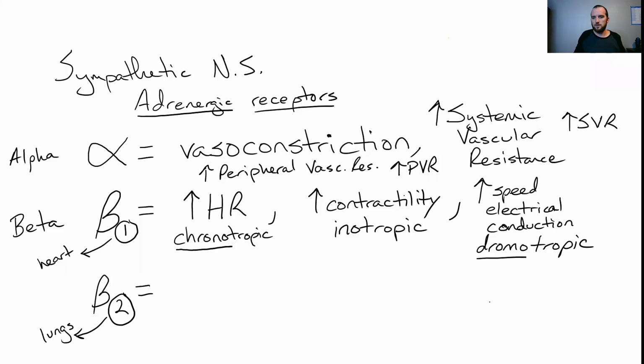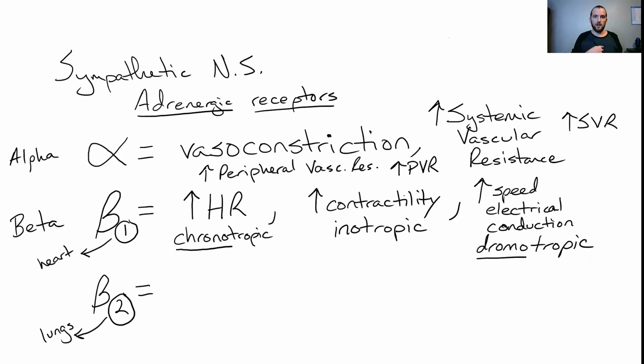Dromos, as a root word, is running. So it makes sense when we think about how fast that electricity is running through the heart. So chronotropic, inotropic, and dromotropic are the fancy names for increasing heart rate, increasing contractility, and increasing the actual speed of that electricity moving through.